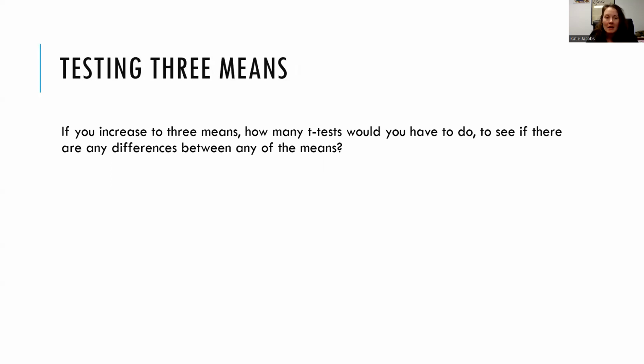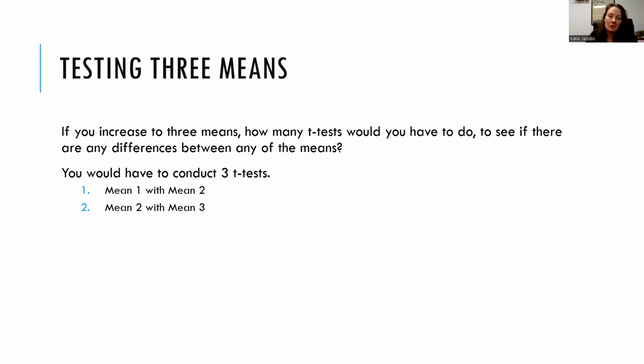We remember we would use the independent samples t-test to test the differences between 2 samples composed of different participants, so using a between group research design. So here we would actually have to conduct 3 different t-tests. We'd have to compare the mean of group 1 with the mean of group 2, the mean of group 2 with the mean of group 3, and then the mean of group 3 with the mean of group 1.